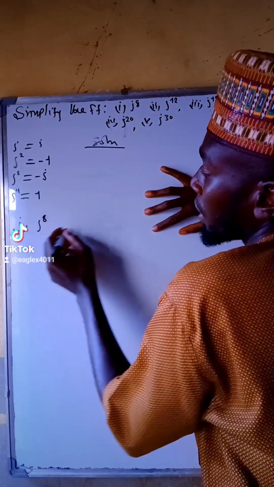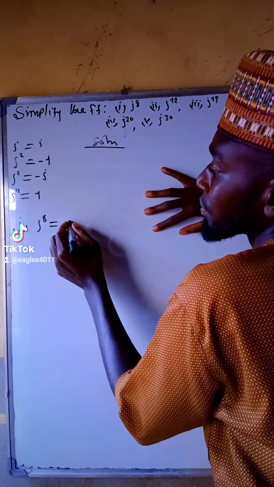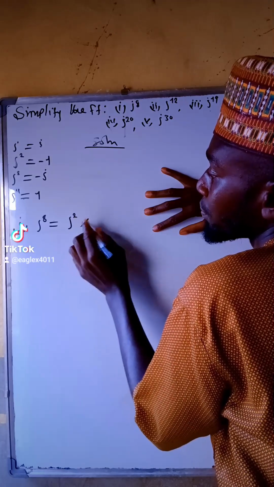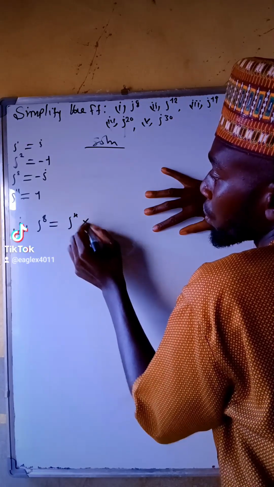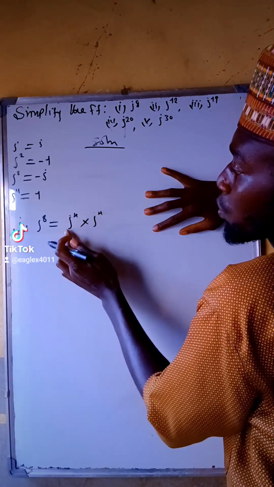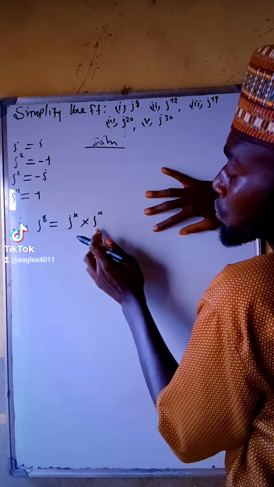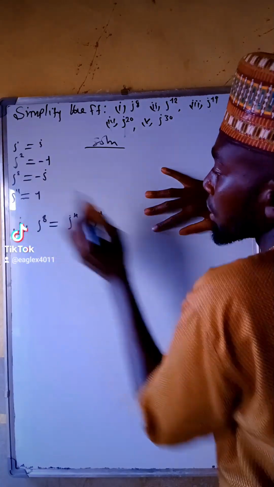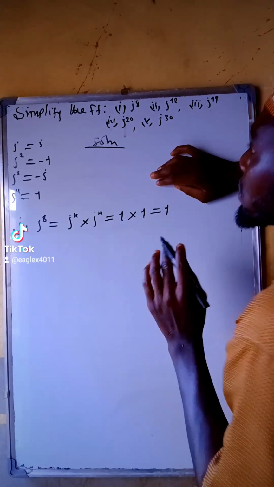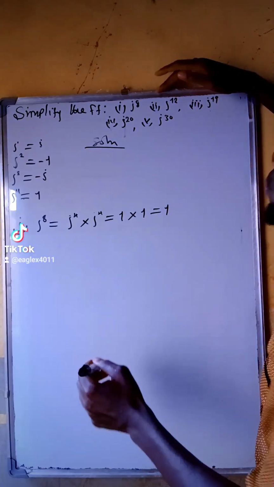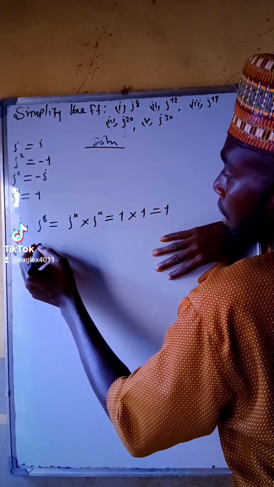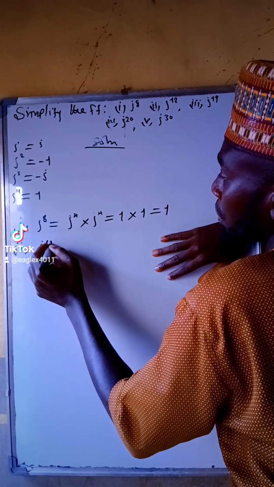i raised to the power of 8 is the same thing as i raised to the power of 4 multiplied by i raised to the power of 4. But i to the power of 4 is 1, and also i to the power of 4 is 1, which is 1 times 1, equal to 1. Simple. And question 2, we have i raised to the power of 12.